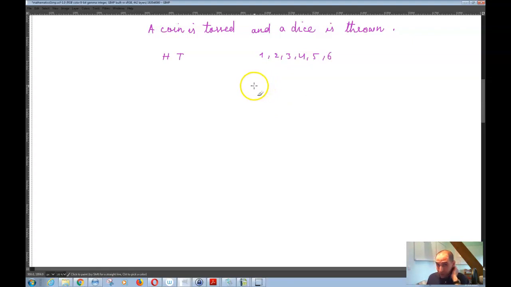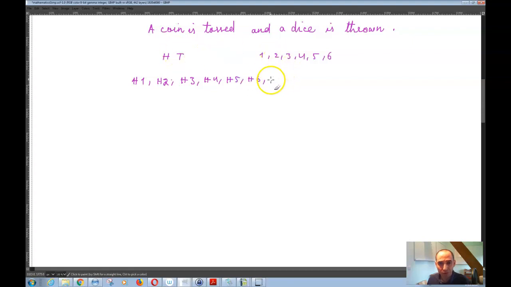So that means that you can take, for example, H with 1, H with 2, H with 3. So you would get, for example, H1, H2, H3, H4, H5, and H6.